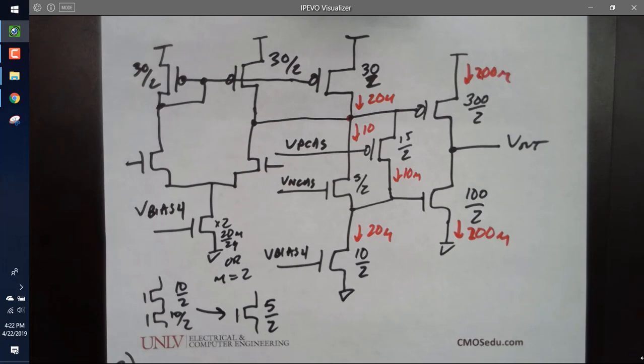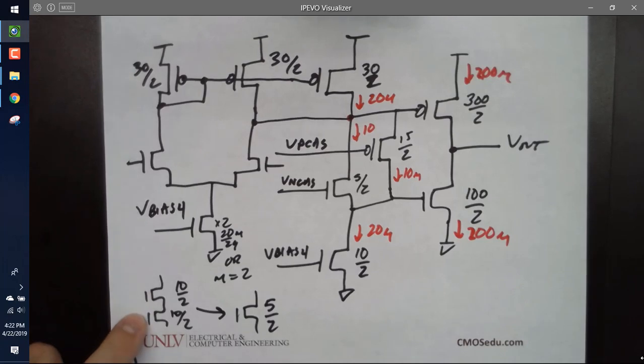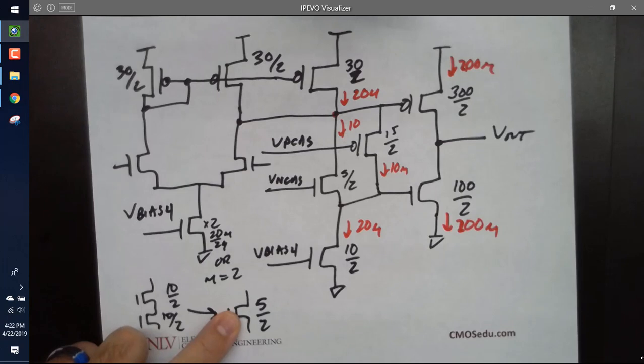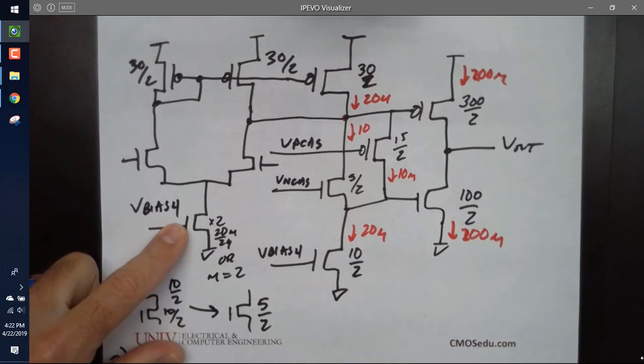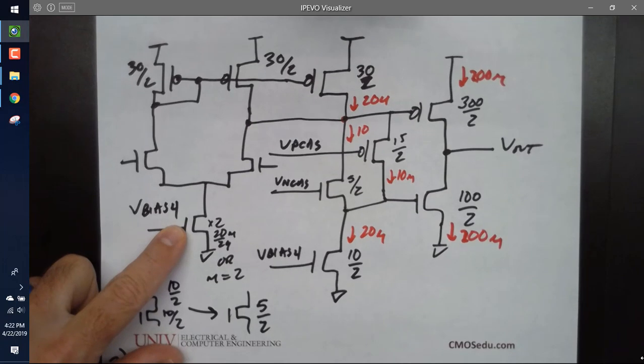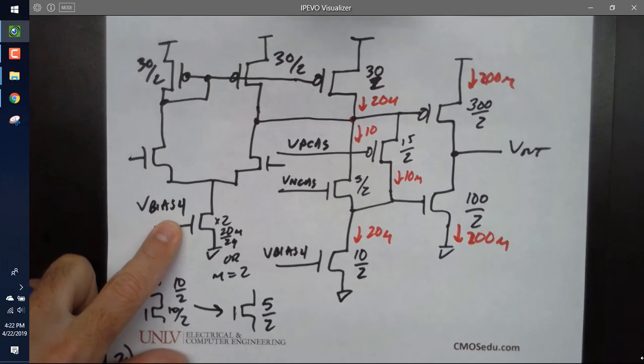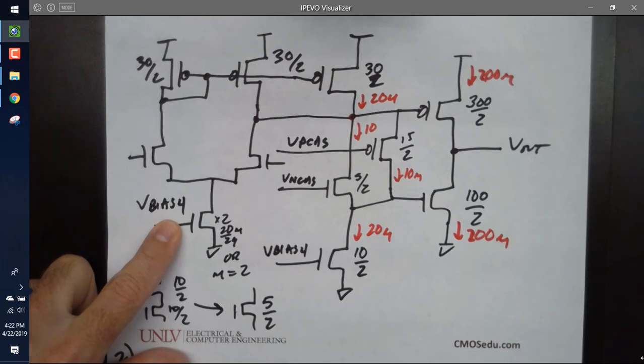So you can't, like in the olden days, change the device width and length. You have very well-defined values you have to use. So you have to design with standard transistors, and to get different sizes like I've shown here, you have to put them in parallel or series. So this would be M = 2, where you take 2 transistors and put them in parallel. Okay? Any questions about that?